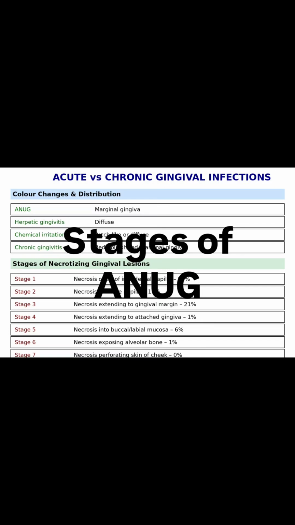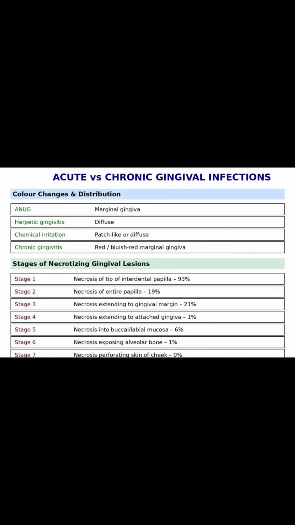This is the most common presentation. Only the tip of interdental papilla is affected, producing punched out appearance, severe pain, and spontaneous bleeding. Stage 2 is necrosis of entire papilla, that is 19%. The necrosis spreads to involve the entire.